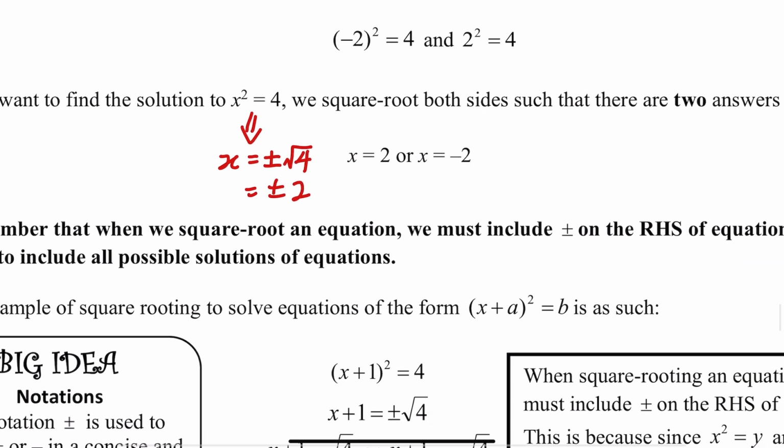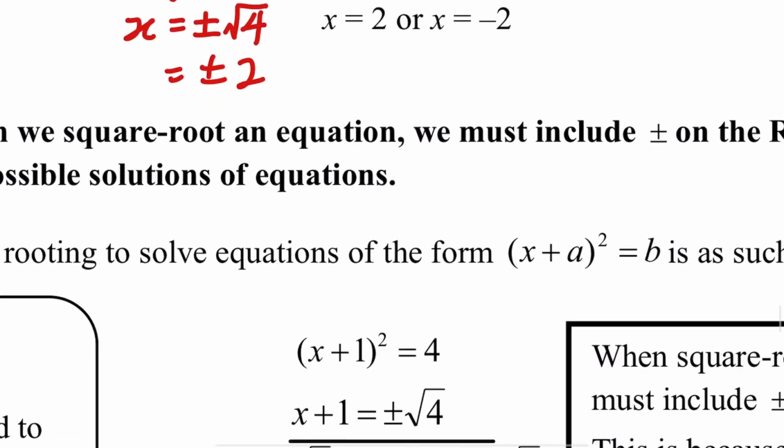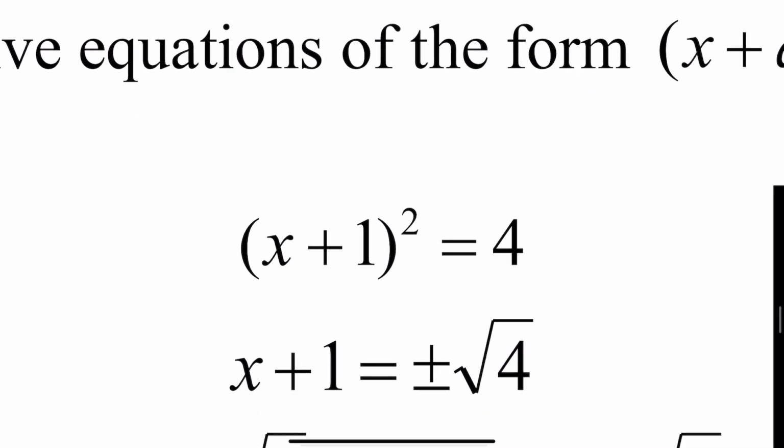Let's look at this simple example. If I have x plus 1 squared equals 4, to get rid of the square, I will take square root. Whenever I take a square root of an unknown number, I must have a plus minus square root 4.